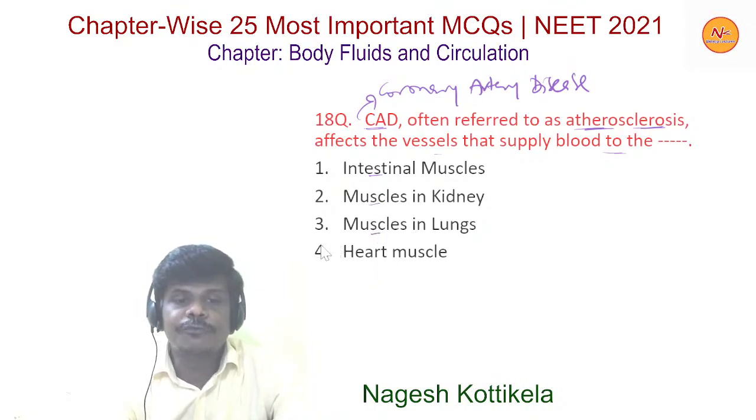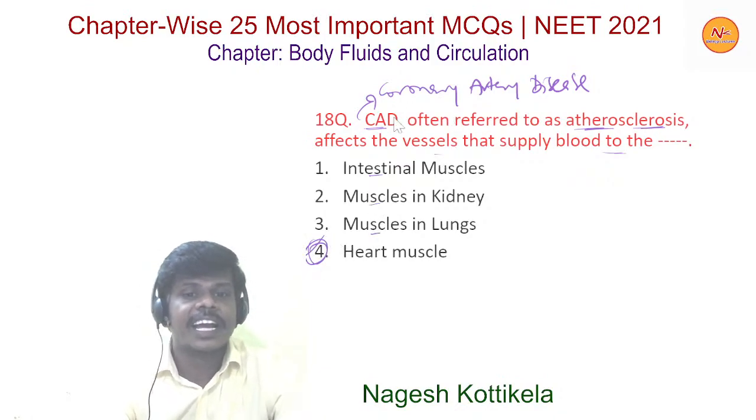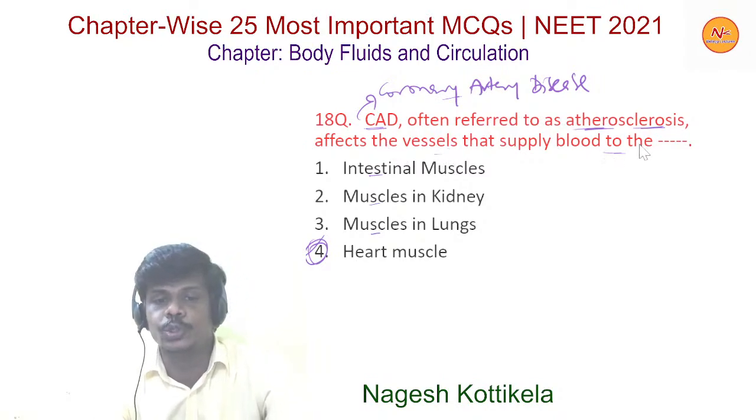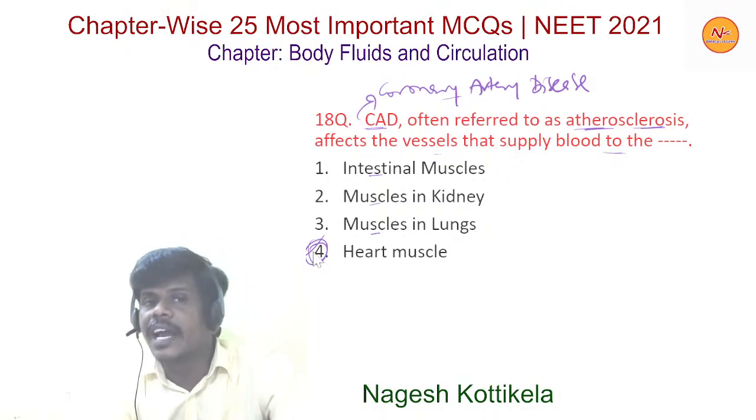Here option 4 is the right option. I repeat this question once again. CAD, which is nothing but coronary artery disease, often referred to as atherosclerosis, affects the vessels that supply blood to the heart muscle. So option 4 is the right option.